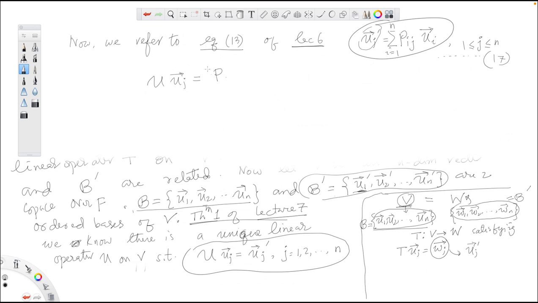So together they imply that U acting on this vector uj is equal to the sum of all these expressions p_ij ui, where i runs from 1 to n. This is true for all j from 1 to n. This is our equation number 18.